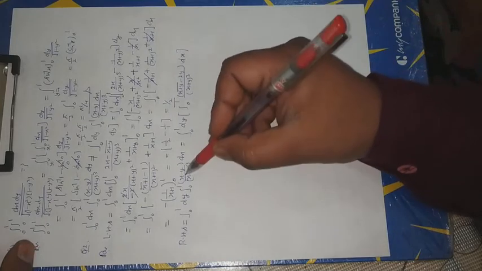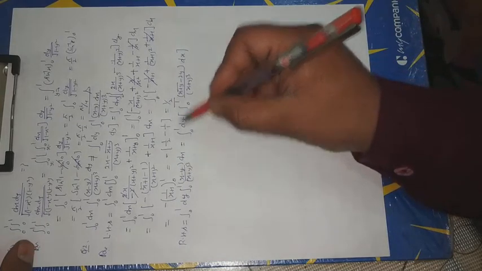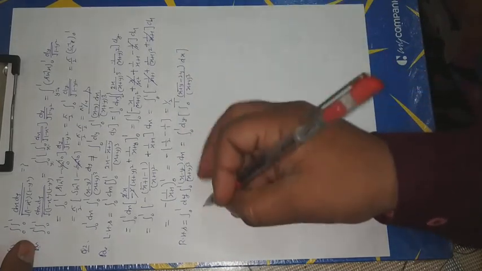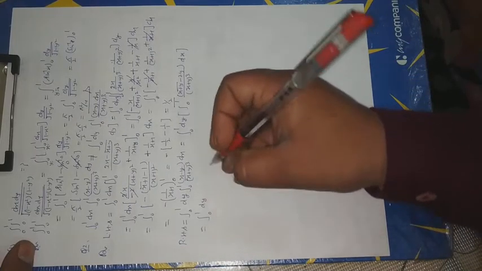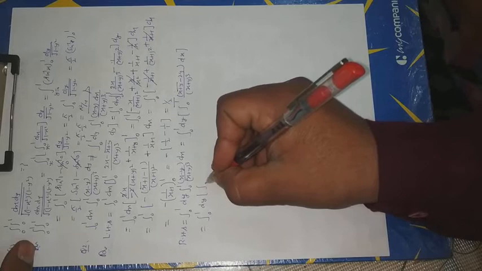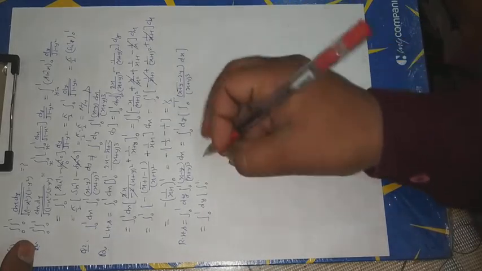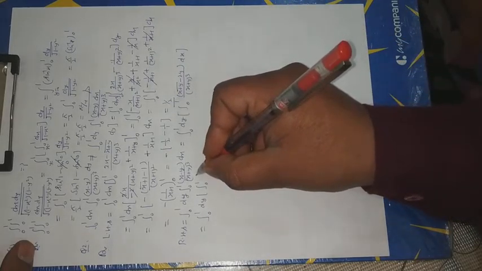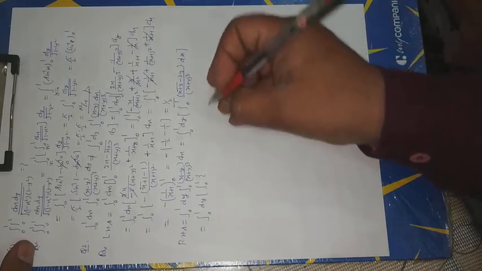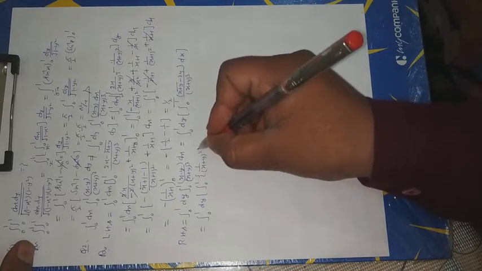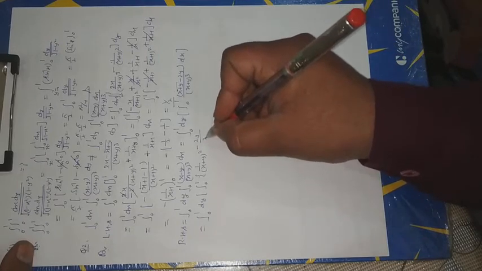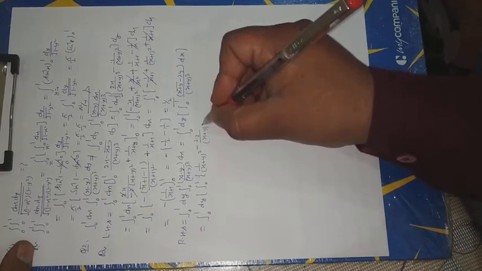Now here y is added and y is subtracted. Now integral limit 0 to 1 dy, integral limit 0 to 1, this is equal to 1 upon x plus y whole square minus 2y upon x plus y whole cube.